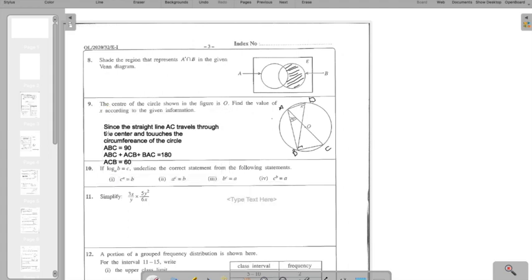Now let's mark the points here, right? Put the head here. Degree symbol.